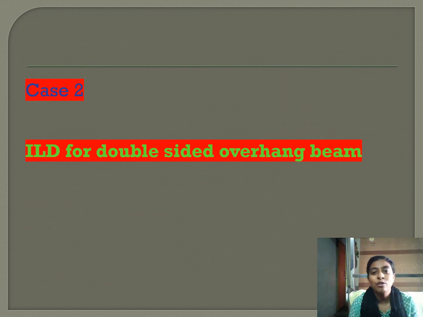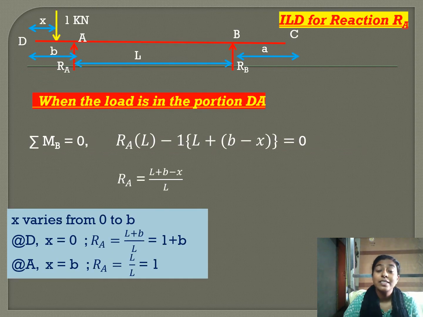Similarly for a double-sided overhang beam, we will go a little fast. When it is a double-sided overhang beam, we will have two overhangs. The first overhang is BC and the second overhang is AD. We will take this distance as A and this distance as B. All the remaining concepts are the same.